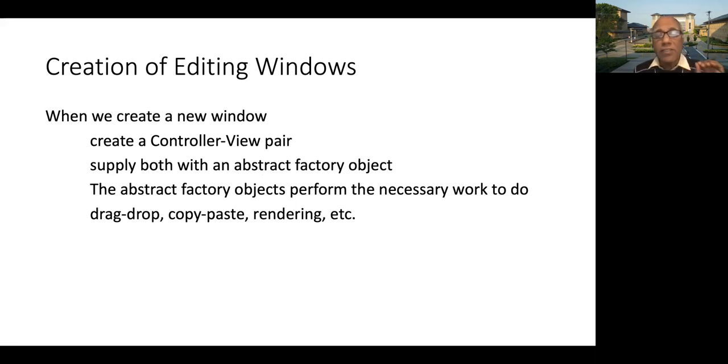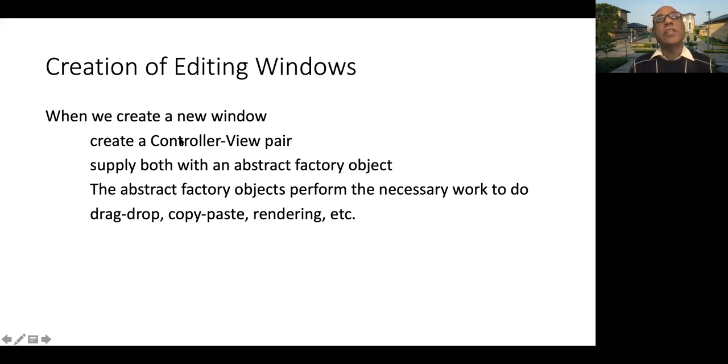This abstract factory object is going to have operations that will do things like drag, drop, copy, paste, render, and so on. Anything that is dependent on the technology, you can ask the abstract factory.